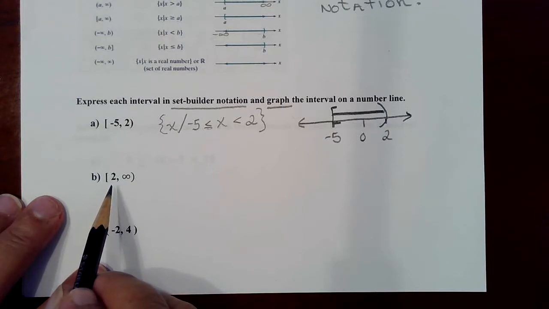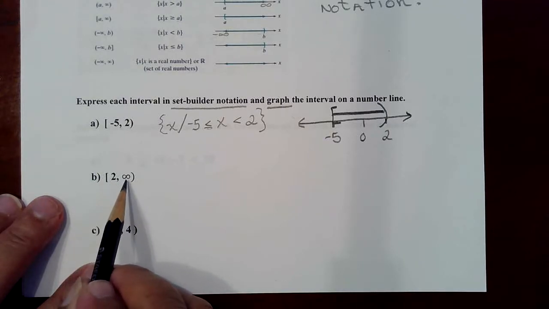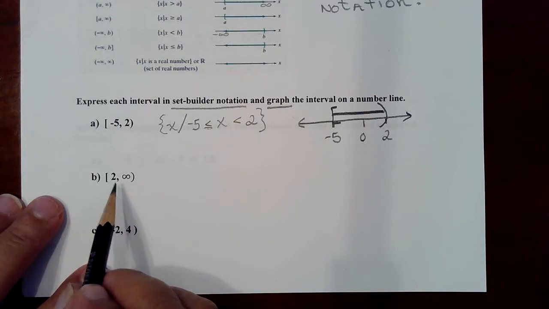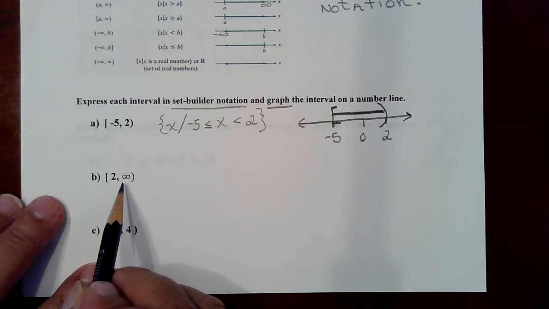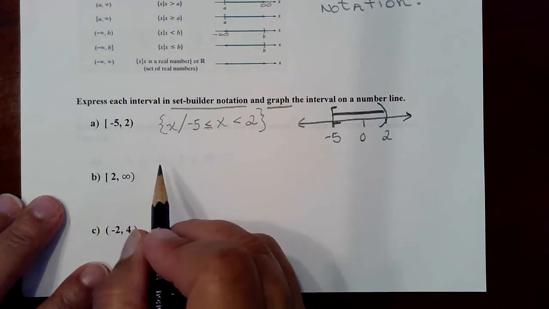Okay, here, this doesn't have two different numbers. It has a 2 and then an infinity symbol, which means you are starting at 2 and traveling over to positive infinity, which means you have to be moving to the right.